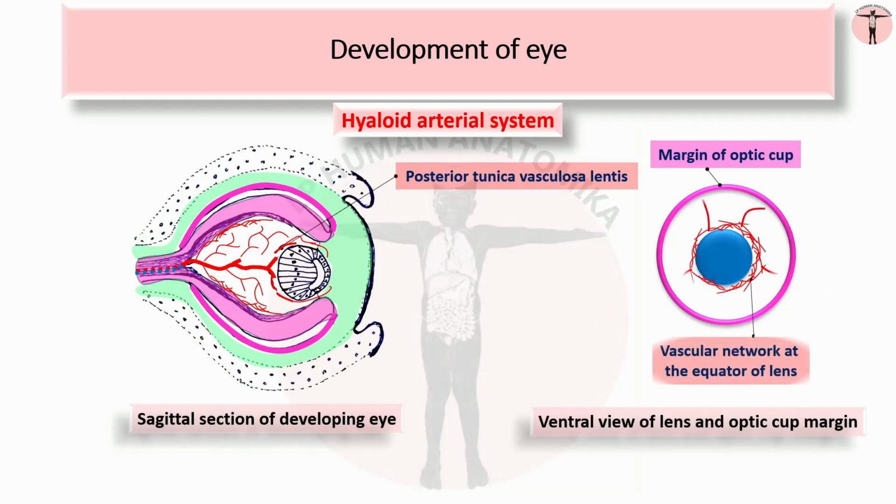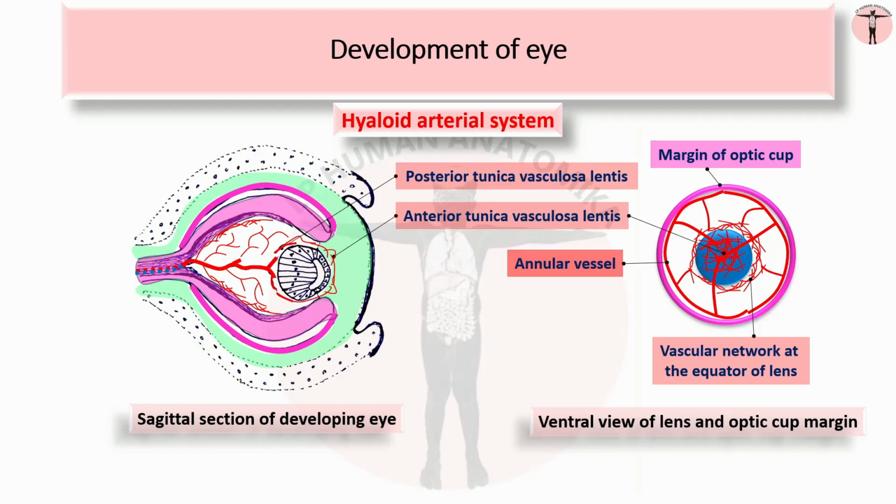Branches near the lens equator anastomose with the annular vessel at the margin of the optic cup. The annular vessel sends loops forward onto the anterior surface of the lens to form the anterior tunica vasculosa lentis during the 7th week.